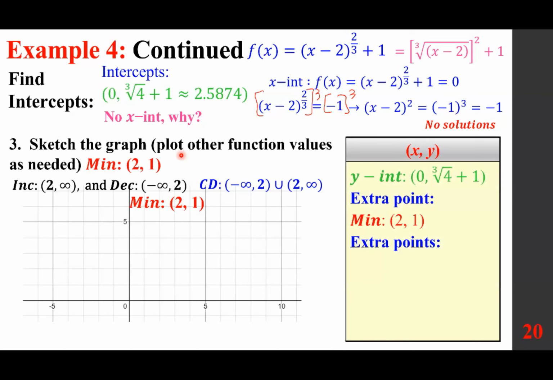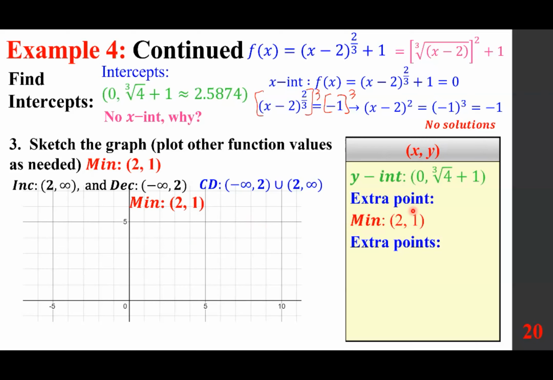So we have this pair, 0, 2.6. We have this pair, the minimum 2, 1. But it's at this point helpful to pick up a few more points. And we're going to get easy points. First, points that don't need a calculator.